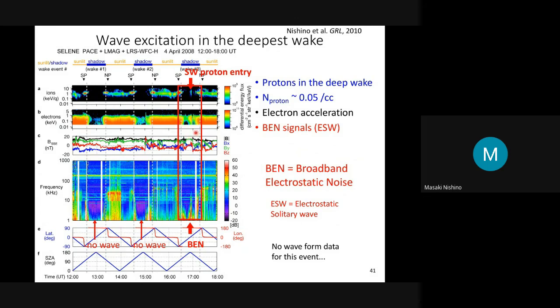That kind of two-stream electron beam gives rise to the generation of electrostatic noise, as shown here. It is a kind of electrostatic solitary wave. So the lunar deepest wake is a very noisy region.